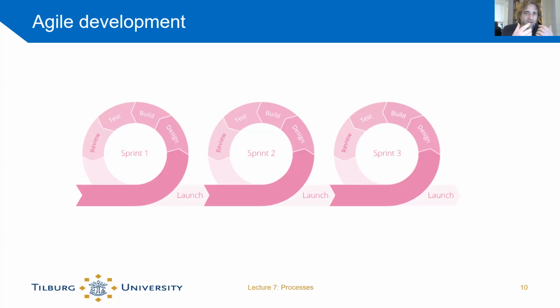And within each sprint, we design, we build, we test, we review, and maybe we go through the circle a bunch of times. Then we launch. Then we get to the next stage of the project. Then we go into the same circle again a couple of times. We design, build, test, review, redesign, build, test, review, redesign, etc. And then we enter the third sprint or stage, and so on, until we're done. So that's basically agile development.